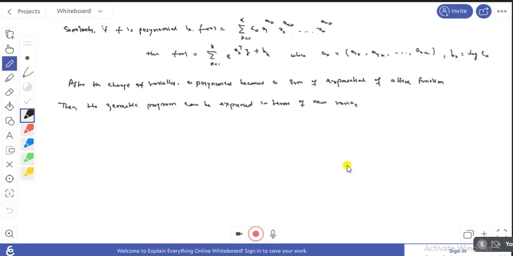The problem is to minimize the objective function. The objective function is a polynomial, so here f naught we can write in the form of a sum of exponential functions, which is exponential of a0k transpose y plus d0k. So it is a polynomial, which is the sum of exponentials of affine functions, and subject to the constraints.